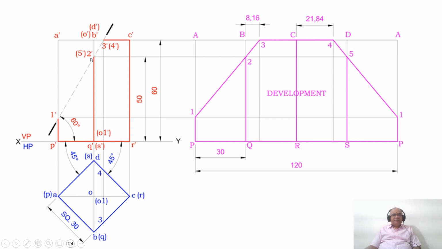Now between 2 dash to Q dash is darkened here. So you darken between 2 to Q, and similarly from 5 dash to S dash, so from 5 to S you darken. Then this portion is dark, that is C dash R dash, so here also you darken CR.